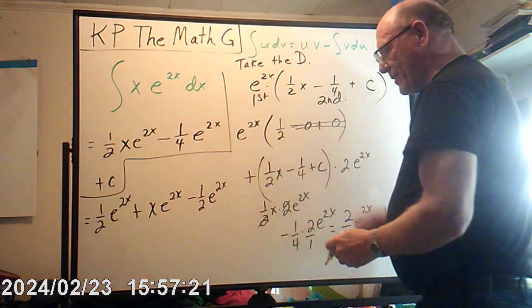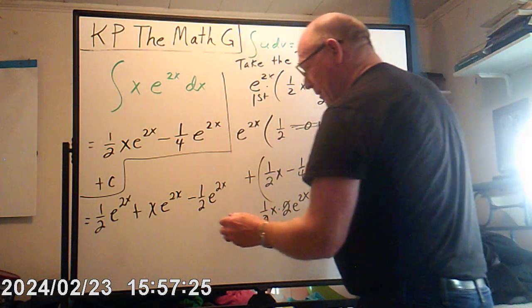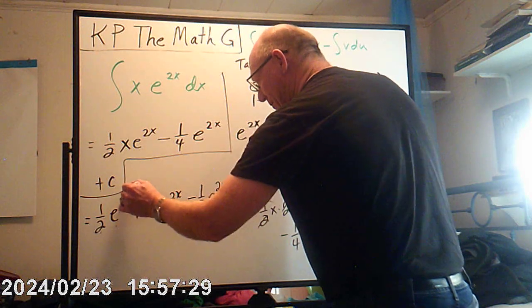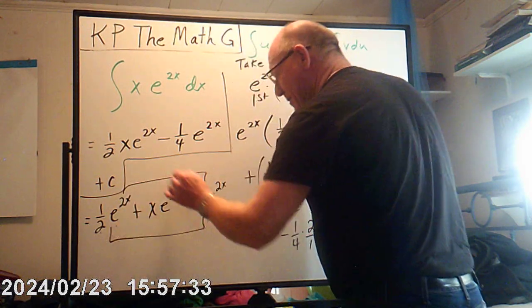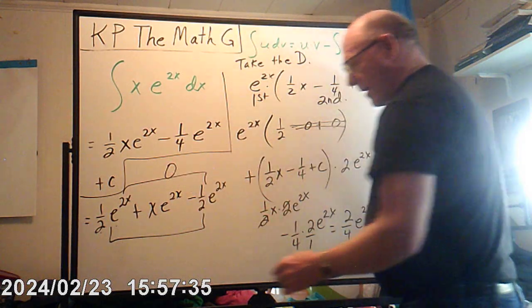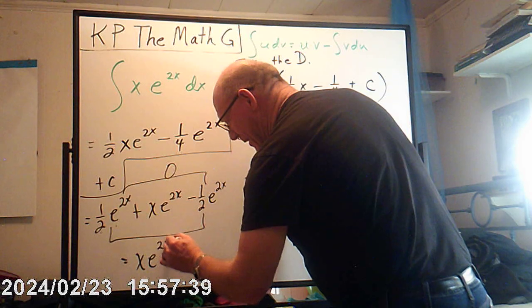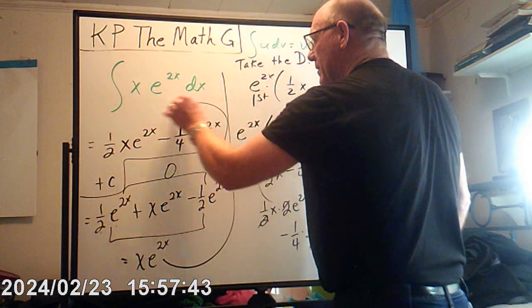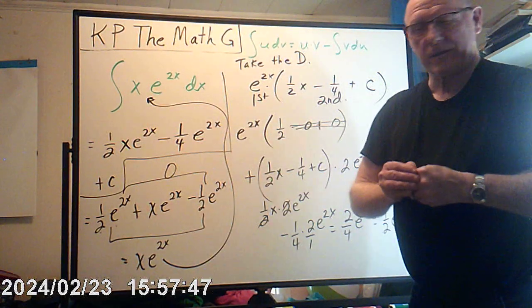Alright, so let's see what we get here. If we look at this, this is 1/2 e to the 2x minus 1/2 e to the 2x. That is 0. And so we're left with x e to the 2x, just like we have right up here.